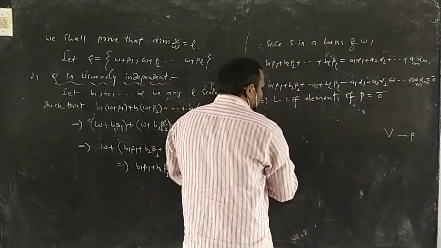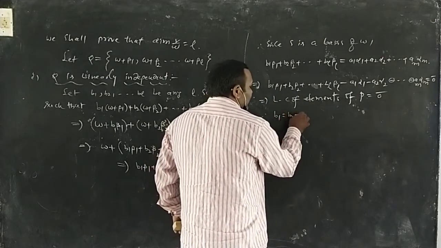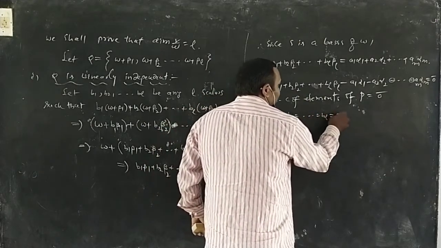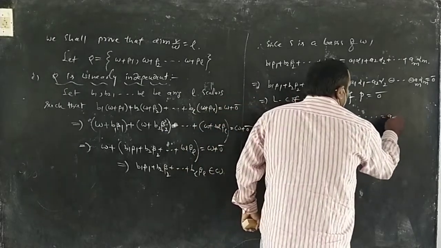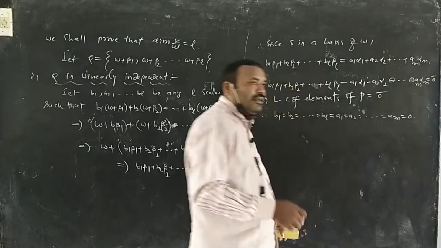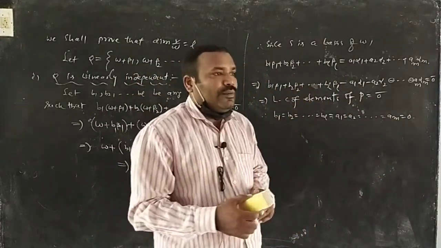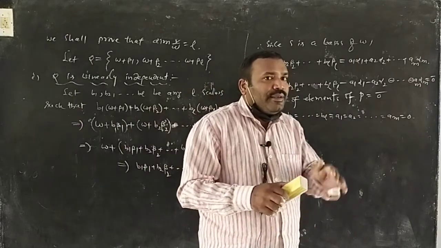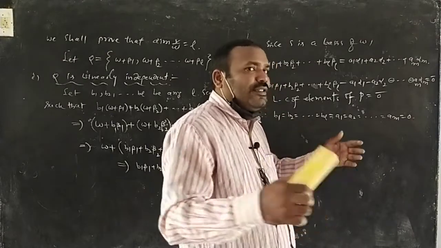Therefore, B1, B2 and so on, BL, A1, A2 and so on, AM are all equal to 0. Linear independence means all scalars are 0. Linearly dependent means not all scalars are 0, at least there exists one scalar which is non-zero.